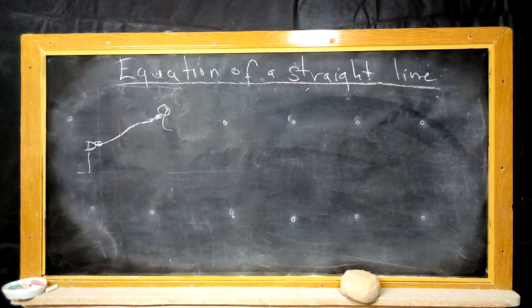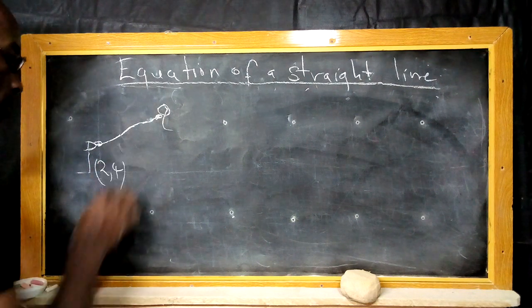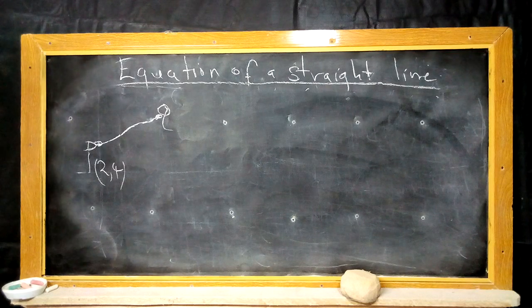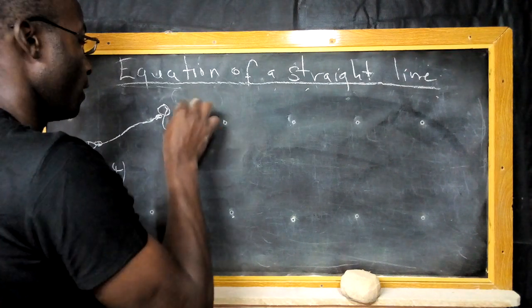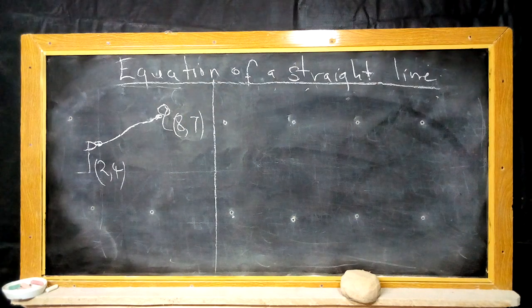Suppose there is a line passing through point P (2, 4), these are the coordinates, and Q is (8, 7). Let's see whether we can find the equation of that particular line.